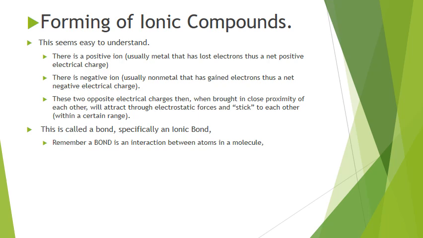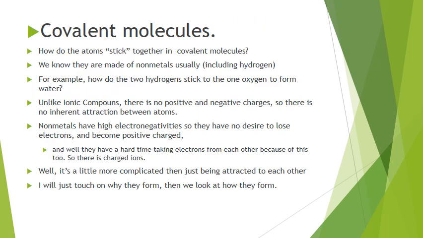So let's look at covalent molecules. What's happening here? How do these atoms stick together, like water? How do the two hydrogens of water stick to the oxygen of water?